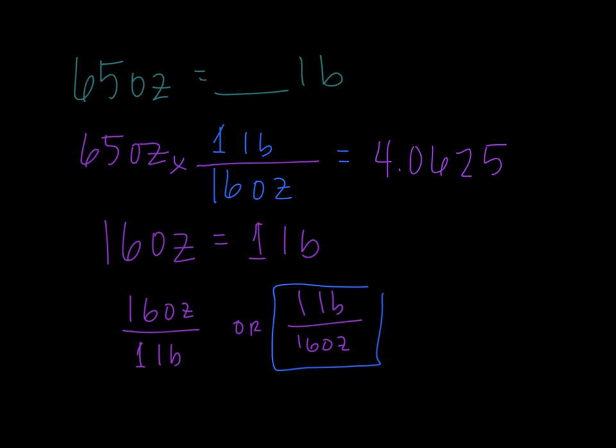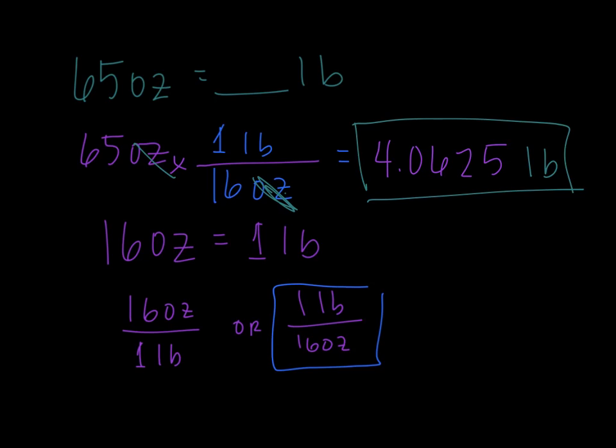And ounces is gone. Ounces canceled out. So the unit that I have left is pounds. That's how I knew that I had to put ounces on the bottom, because it had to cancel out. So this answer would be acceptable. Okay.